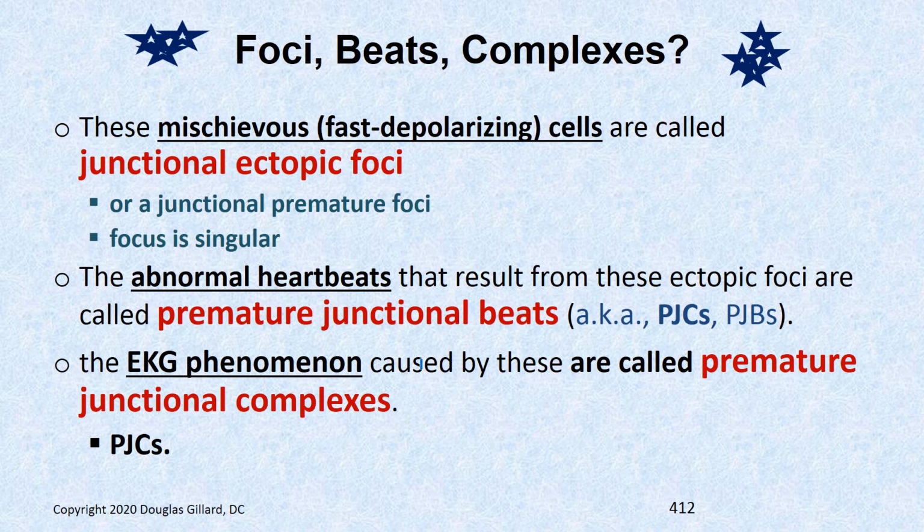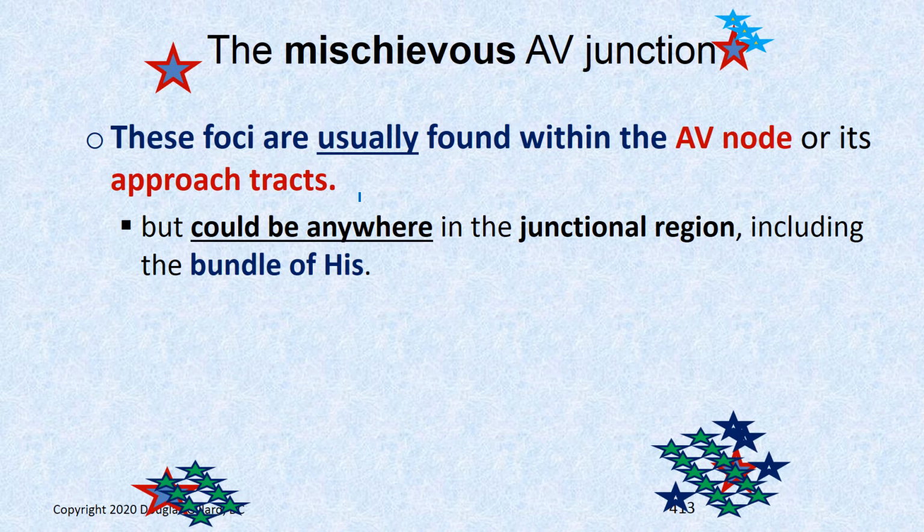So that's kind of a play on words. The EKG phenomenon is called a premature junctional complex. The physiological phenomenon that causes the premature beats or premature junctional complexes is called an ectopic foci or a junctional ectopic foci. Okay, that's just kind of a play on words there.